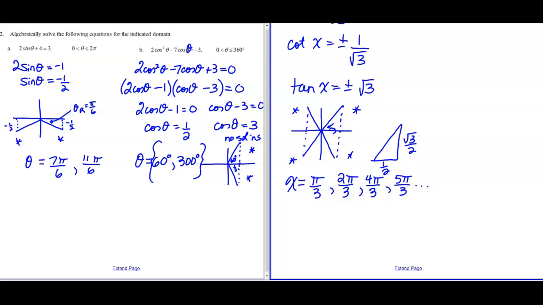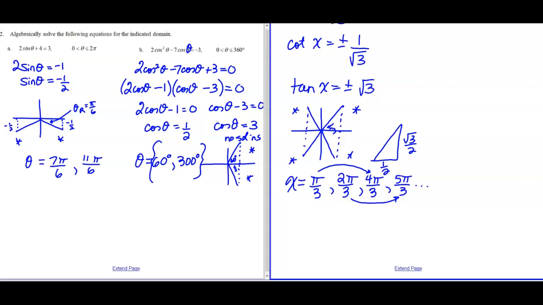This does not include those horizontal. So pi over 3 plus pi, the period, gives you this one. 2 pi over 3 plus pi gives you this one. Remember the period for tan is pi.